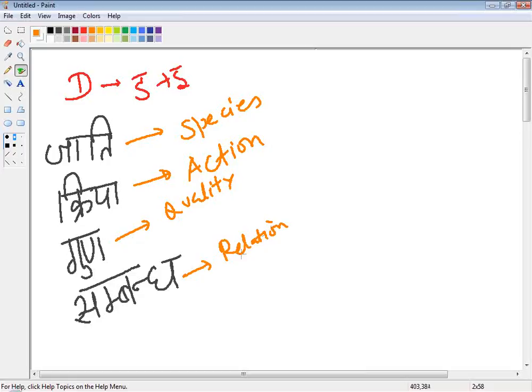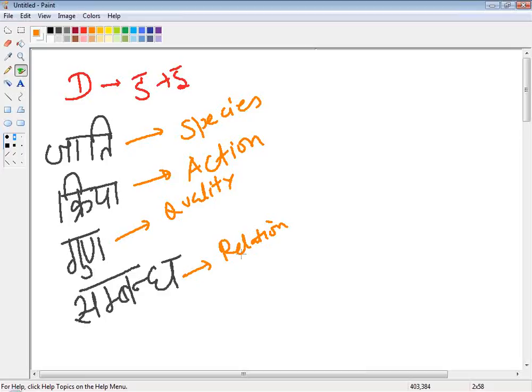Because that would be what? That would be a jati. You go into kind of jati. Alright? So these are the only things that a language can express. Now, you can come up with any word and see that it will fit into one of these. Okay? So, this is what a language is all about.